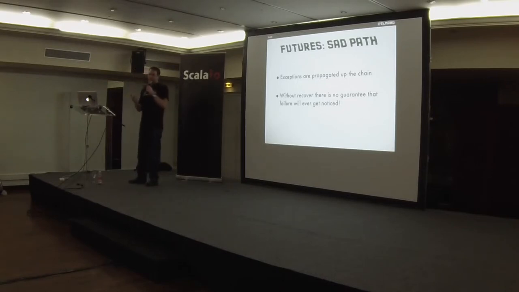When you use futures, the exceptions are propagated up the chain if you compose them. If nobody calls for the future explicitly, it will sit there and nothing will happen with the failure. And that can cause quite some despair sometimes, especially when you're not used to it. So always think about recovering at some point, because otherwise you will not notice when things fail.